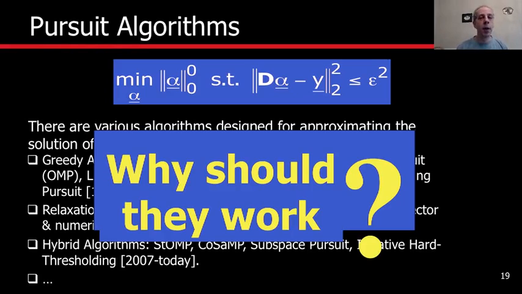For example, if the matrix D is a Fourier matrix, you get the right results there. So there are ways of transforming this L0 type of approach into something completely solvable. And there is, again, beautiful theory that tells us when relaxation or greedy actually gives us the result we were looking for.